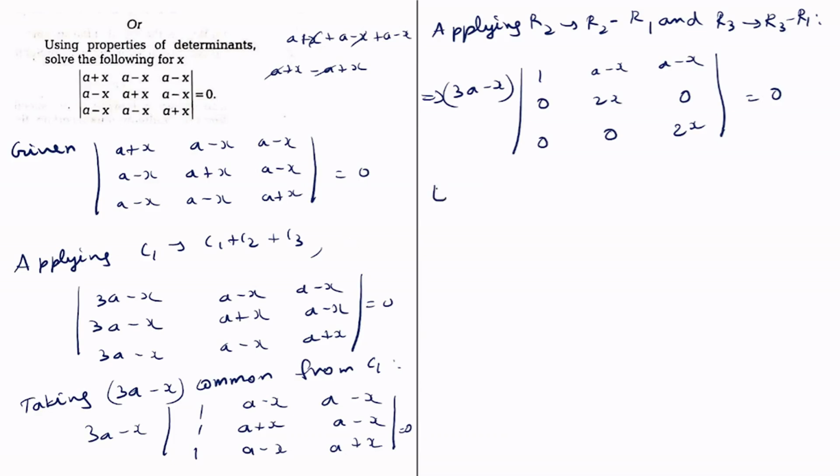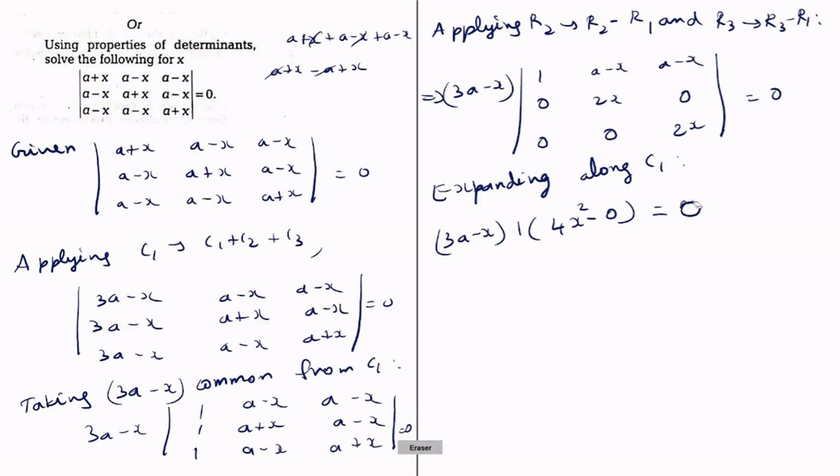Now we can expand along C1. Expanding along C1, so 3A minus x into 1 into 4x square, and then minus 0. Then all the other terms will be 0. So this is equal to 0.